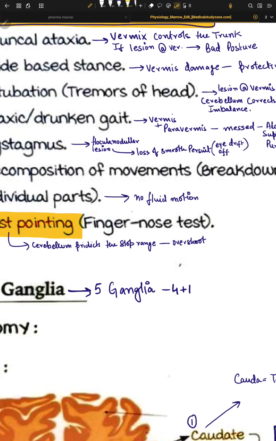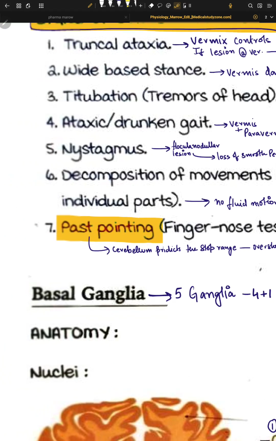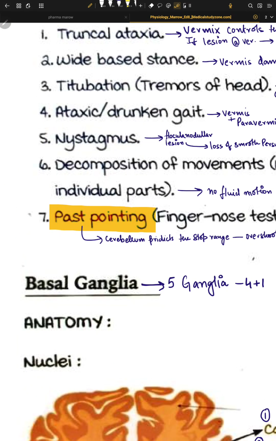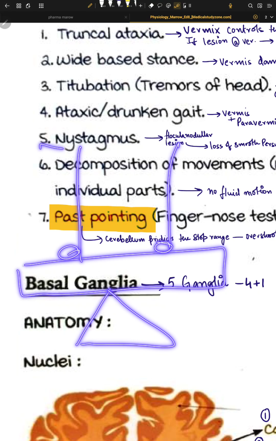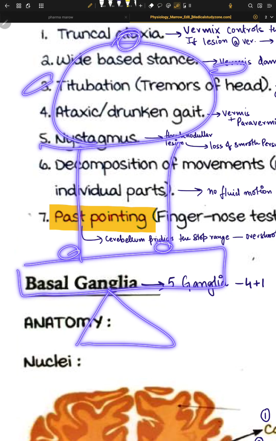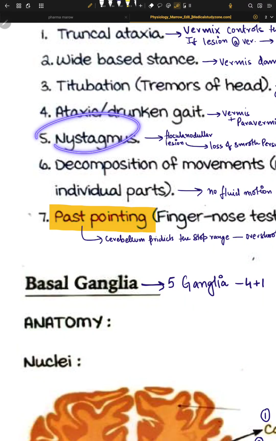So you have to balance yourself. So that's why you will have this nystagmus, because you're trying to balance on a ship, and in reality you're just standing on the ground, but your body thinks that you're on a wooden plank, and this plank is on a triangle, and you're standing on it, right? These are your legs, this is your body, this is your head, this is your hands, and you're balancing yourself. So nystagmus is there.